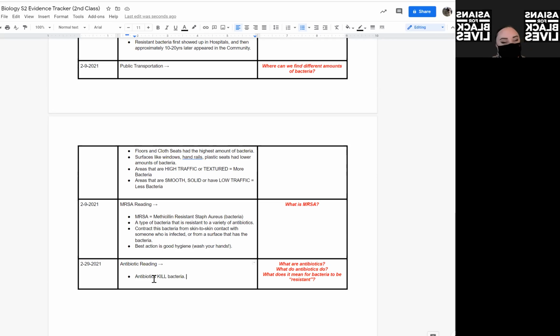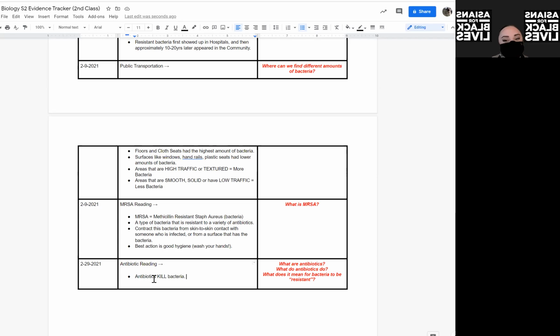Germs is this weird, generic, common language we created to describe things that make us sick. But germs could be parasites, they could be viruses or bacteria. And in this unit, we are specifically only talking about bacteria. So antibiotics kill bacteria, and they only kill bacteria. They can't be used to treat anything else.